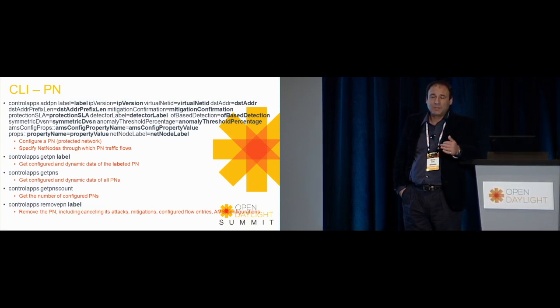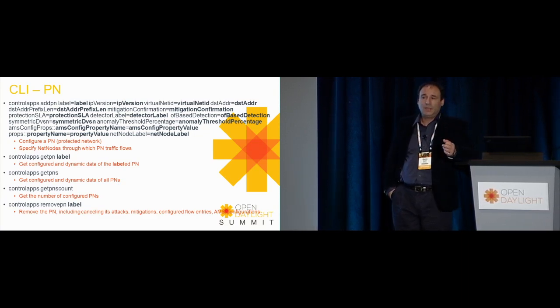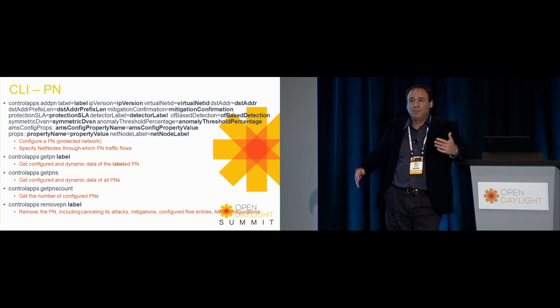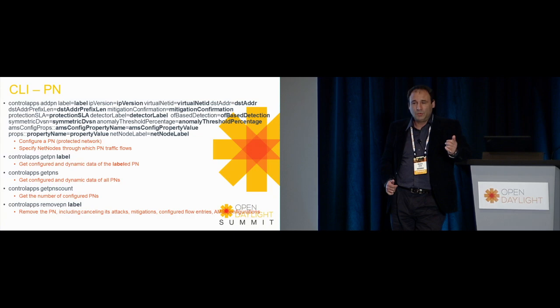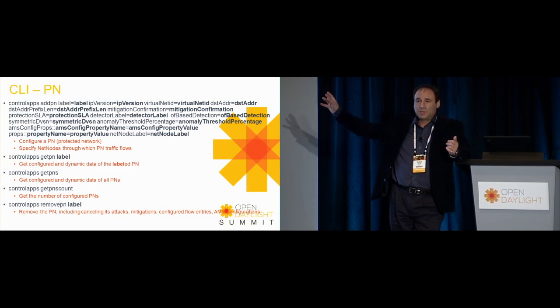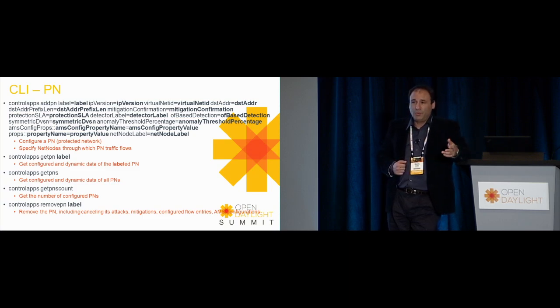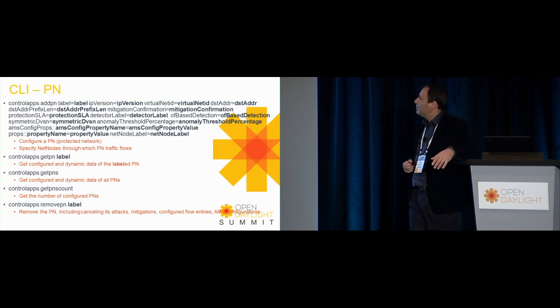In some types of security attacks, it is important for the mitigation device to see both directions of the traffic to properly mitigate those attacks. Okay? So the user is given the choice to specify whether both directions of the traffic should be redirected in case of attack, or just the inbound. Symmetric means both, asymmetric means inbound.